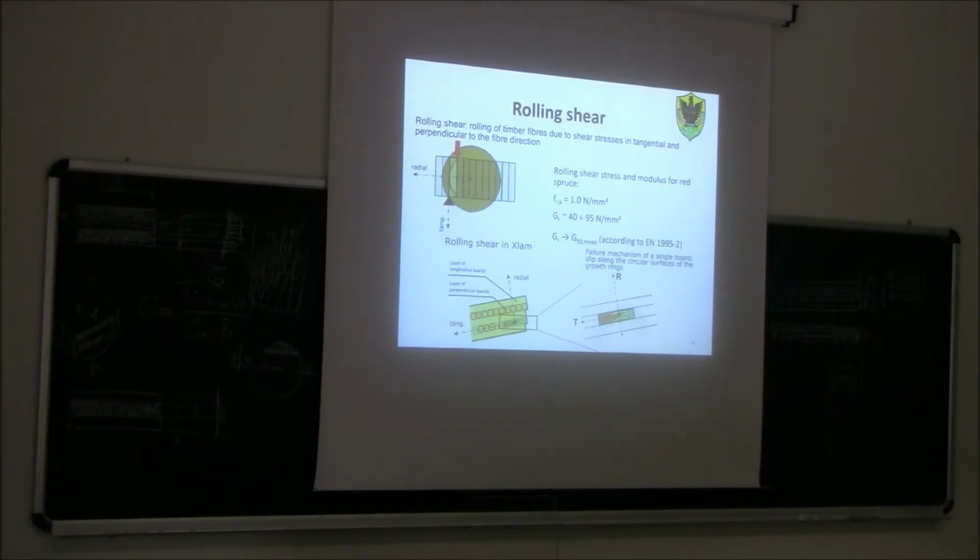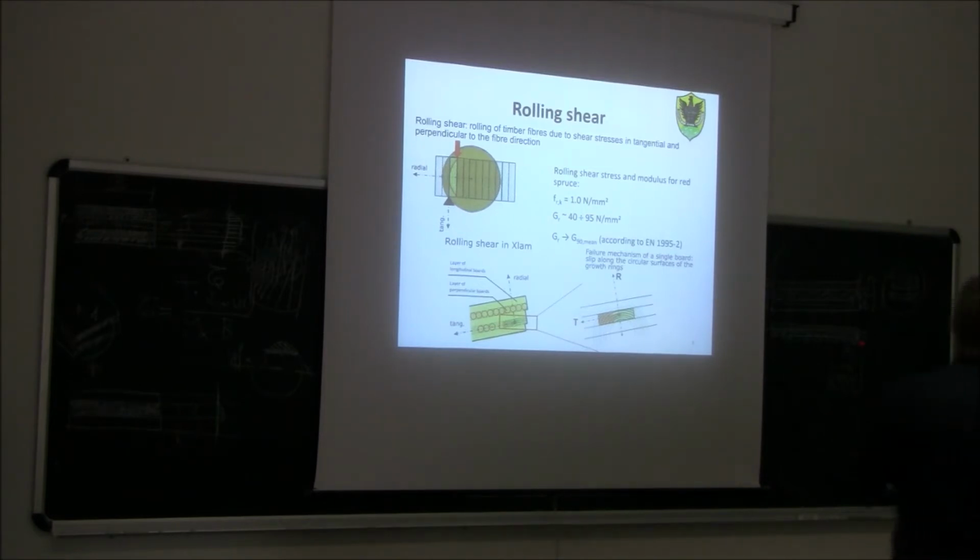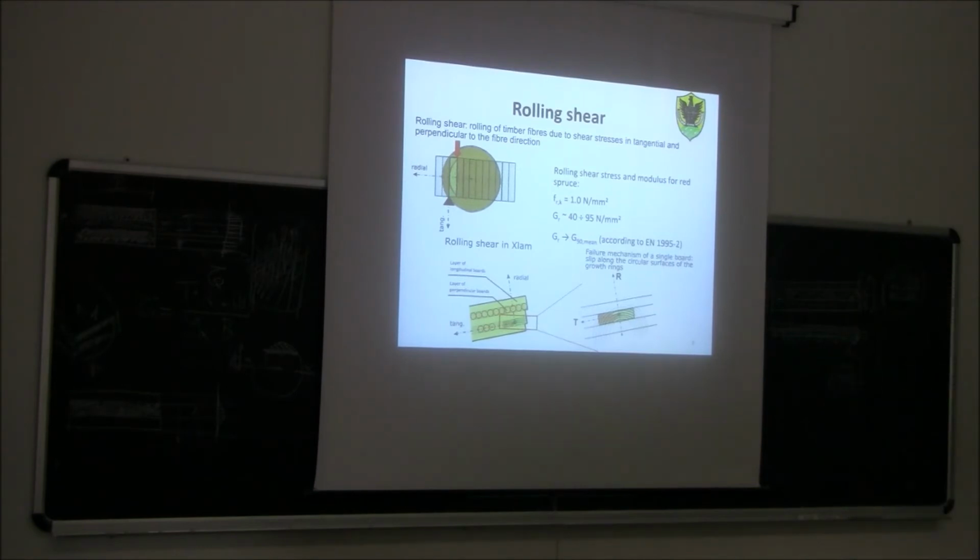So, by doing some experimental tests, it was demonstrated that if the shear is applied in the tangential plane, then it's what we call rolling shear, and the shear strength is much lower compared to the shear which cuts again the middle lamella but is oriented in the radial direction.